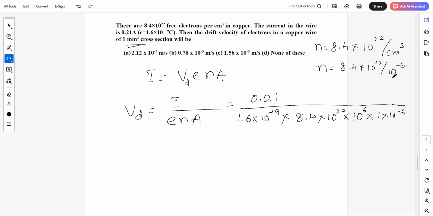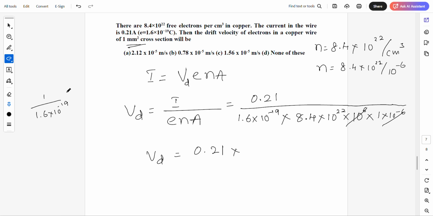This comes to the numerator as 10 to the power of plus 6, and area has to be in meter square. The 10 to the power of plus 6 and 10 to the power of minus 6 get cancelled, and Vd is equal to 0.21 times 1 divided by 1.6 into 10 to the power of minus 19.